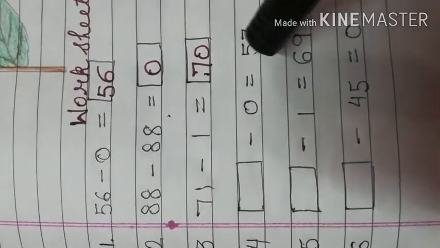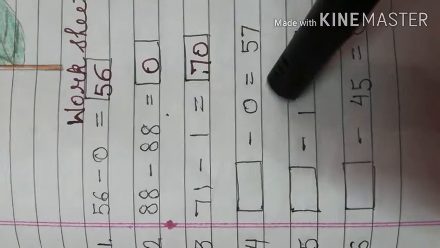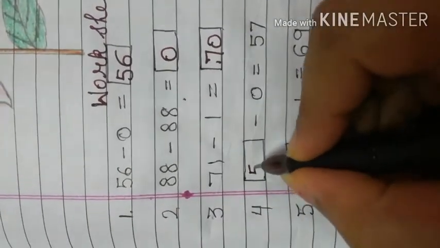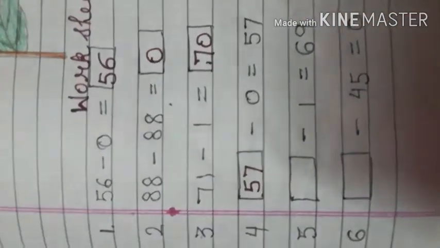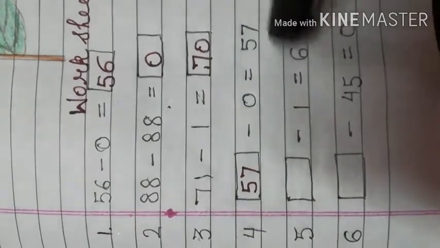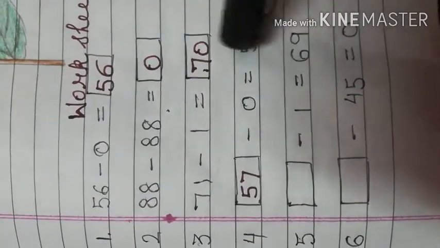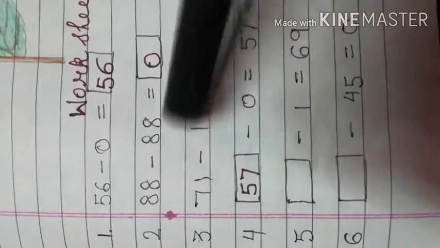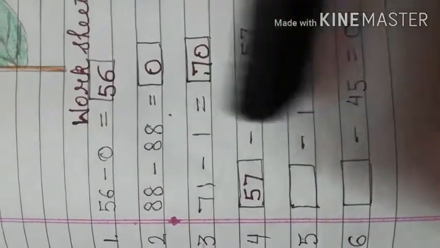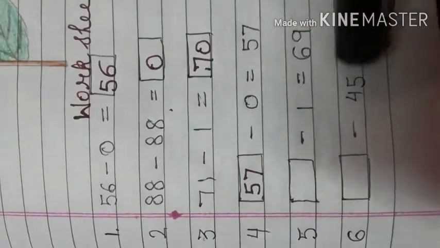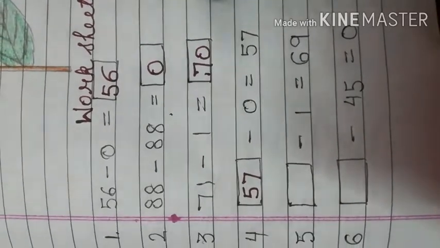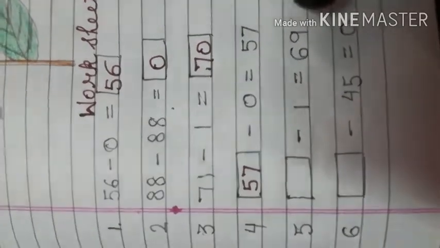That means we are subtracting 0 from 57. So here our answer will be 57, because we are not subtracting anything. Means 57 is the number itself from which we have subtracted 0.